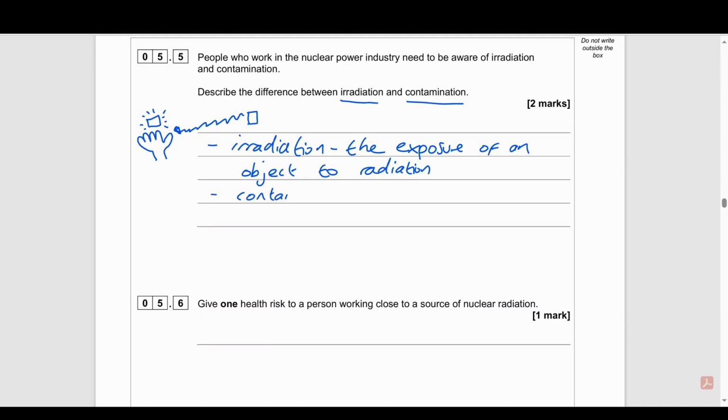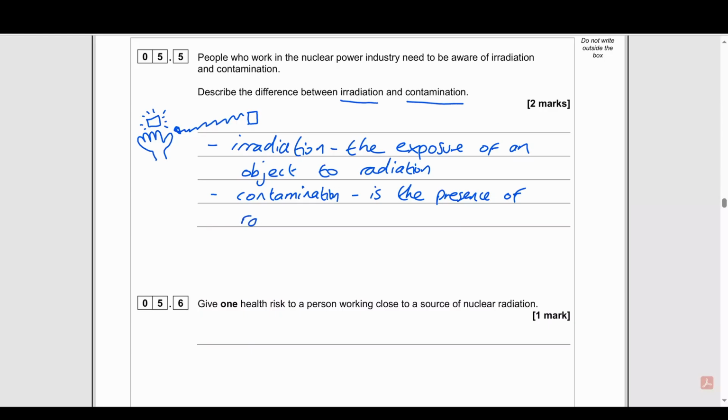But contamination is the presence of radioactive material on an object.